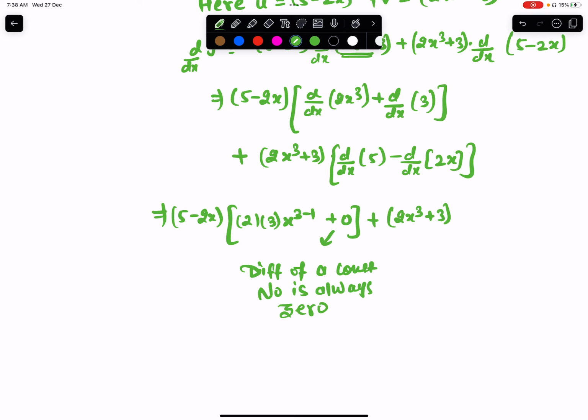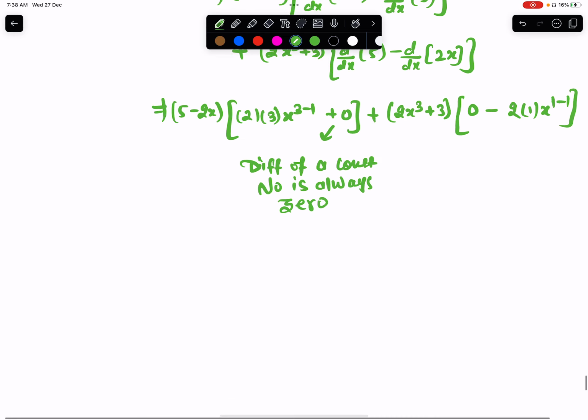Then (2x cube + 3) into d/dx of 5, which is 0, minus 2 into 1 into x raised to the power 1 - 1.